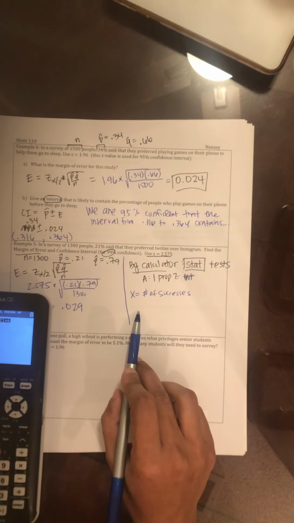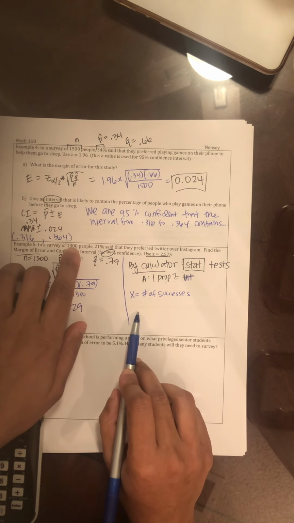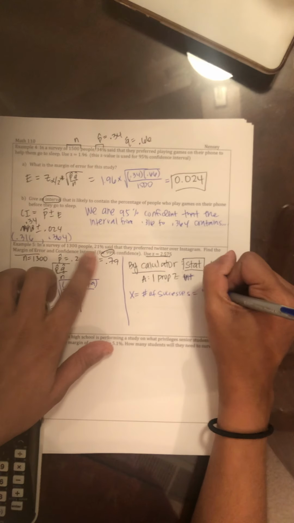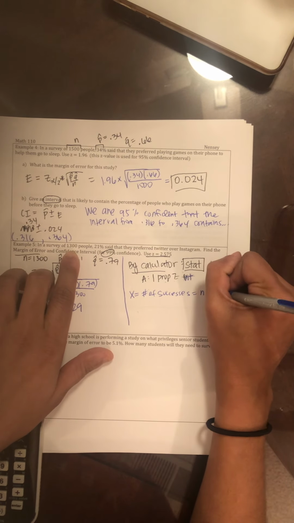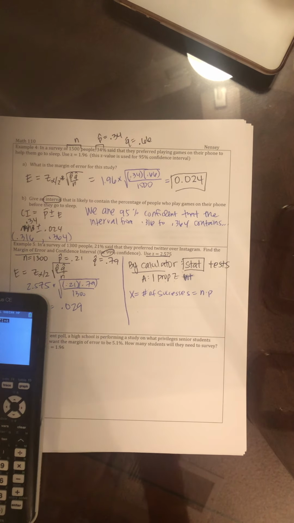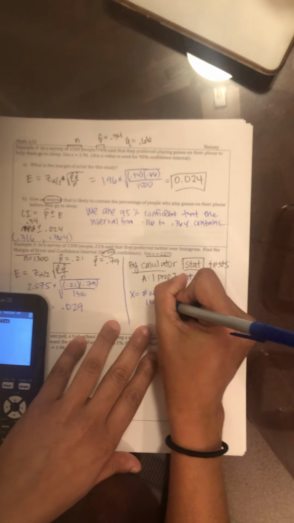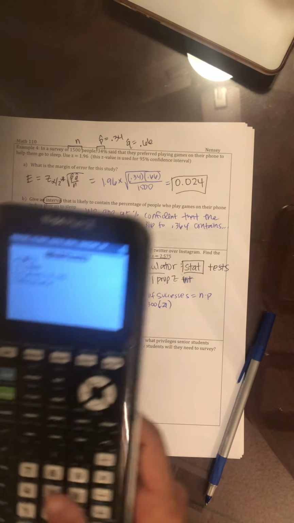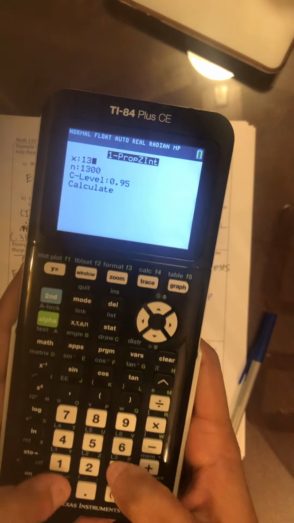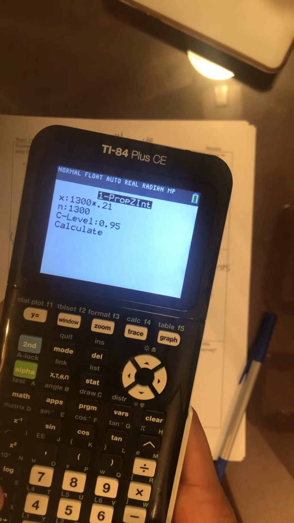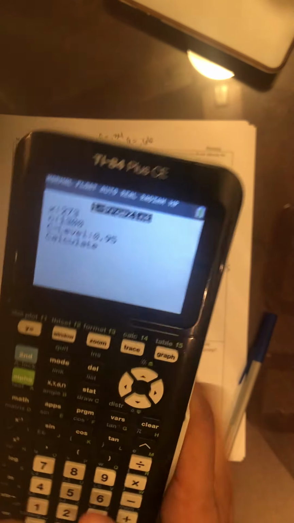Well, if I have 1,300 people and 21% said that they preferred Twitter, that's going to be your N times your p value. So that's going to be 1,300 times 0.21. All you have to do is type that in, and if you enter, it actually solves it for you.